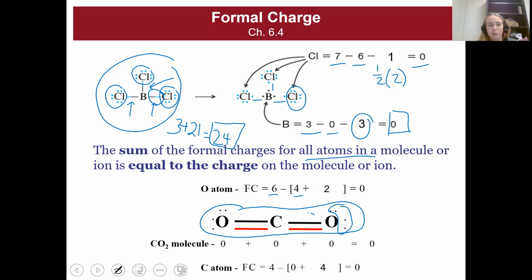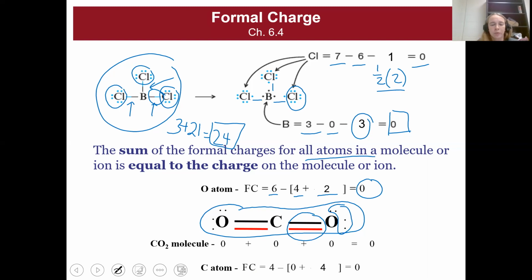And then there are 2 bonds between carbon and each oxygen. So that's 2 bonding electrons in there from the 2 bonds, because we take it in half like we did up here. Anywho, so 6 minus 4 plus 2 gives us 0. So the oxygen atoms have formal charge of 0.